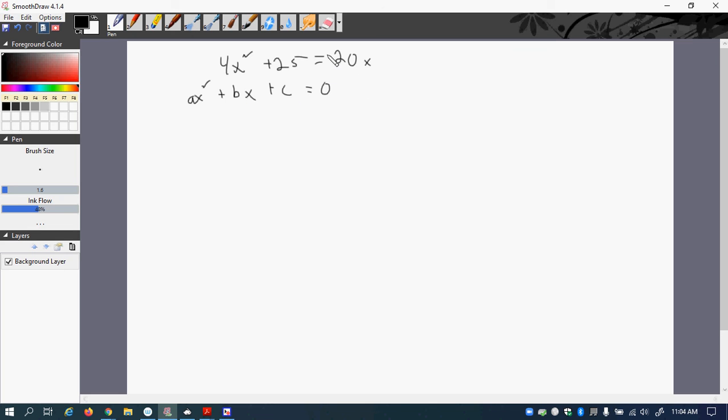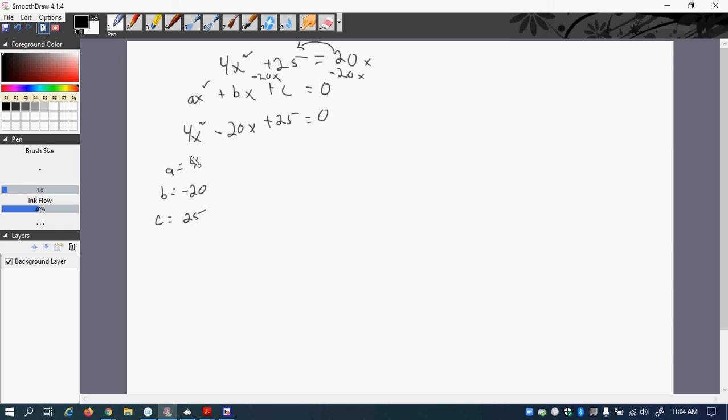I don't have that here this time. So I need to move the 20x to the other side, and then the right side will be 0. So I'm going to subtract 20x from both sides. Then I get 4x squared minus 20x plus 25. And so now I know my a, my b, and my c, which is 4, negative 20, and 25.